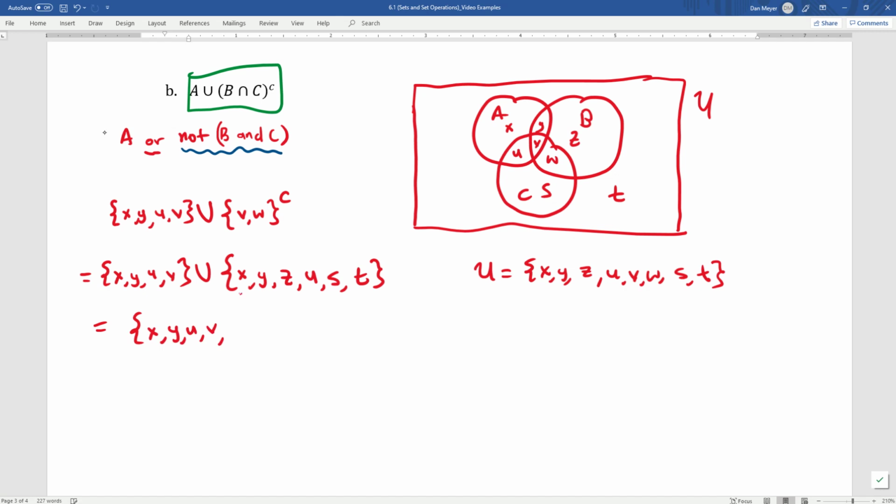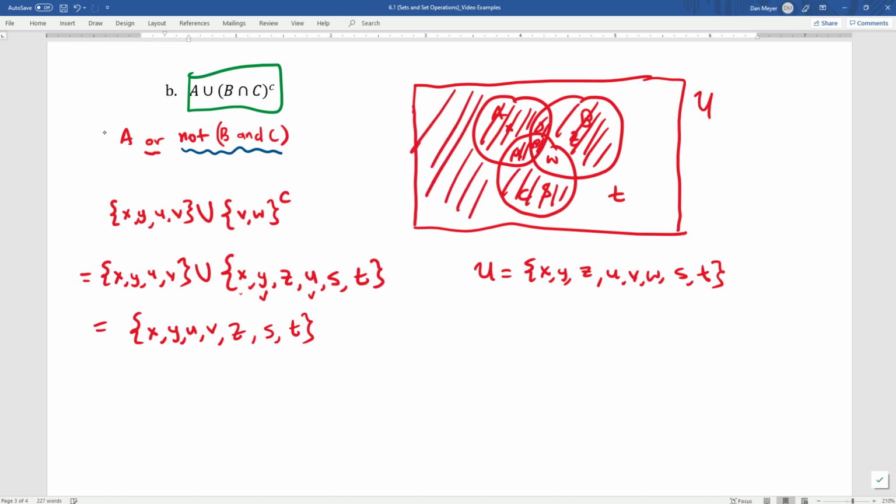We've already written down X, we've already written down Y, Z, we've already written down U, S, and T. And then we can go back up here and say, all right, shade in the X part, the Y part, the U part, the V part, the Z part, the S part, and the T part. So everything except for W.